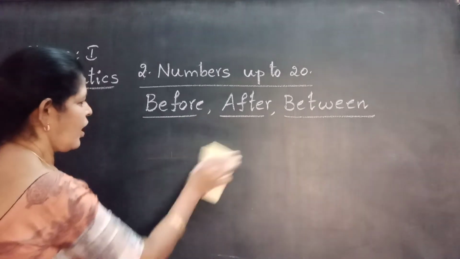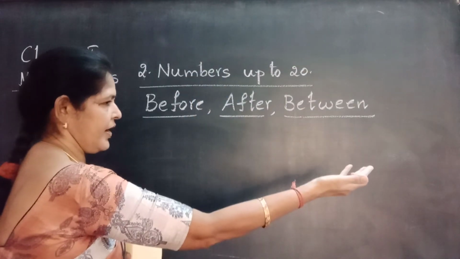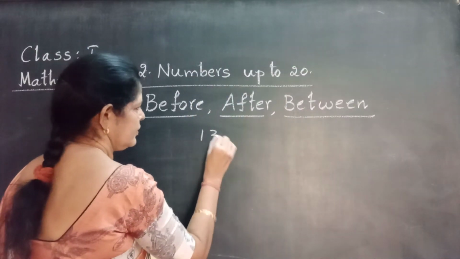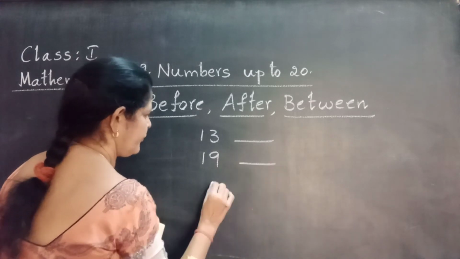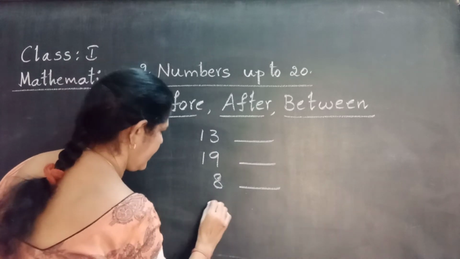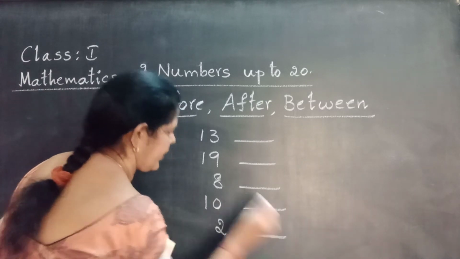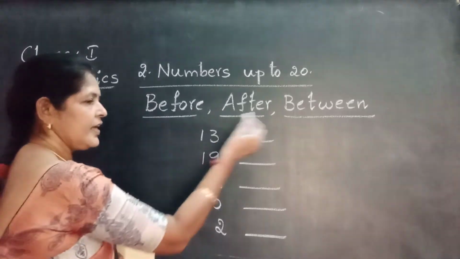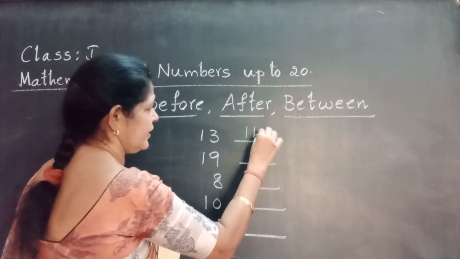After. After numbers of the given numbers. After means the next number. 13 after, 19 after, 8 after, 10 after, 2 after. Come on. 13 after means what comes after 13? 14. Very good.